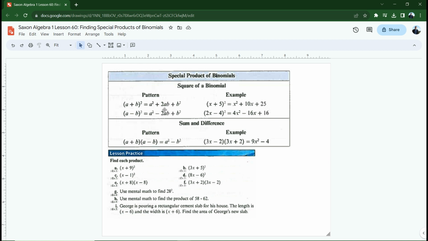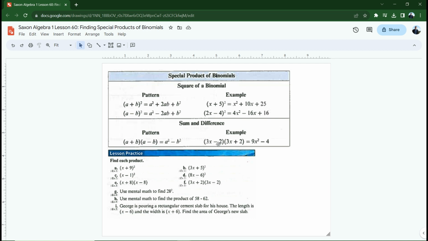It doesn't really matter how you do it, as long as you have a minus sign here. So 2 times 2x is 4x, times 4 is 16x, so it's going to be minus 16x. And then the last term is always positive because we're multiplying negative 4 times negative 4, which is plus 16.